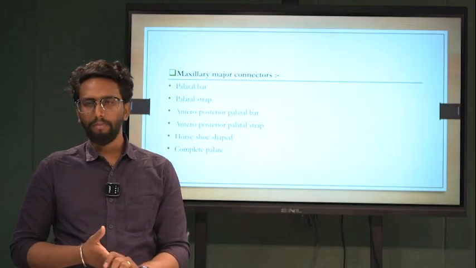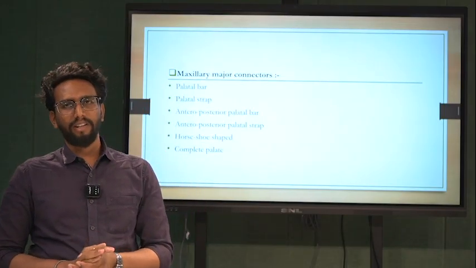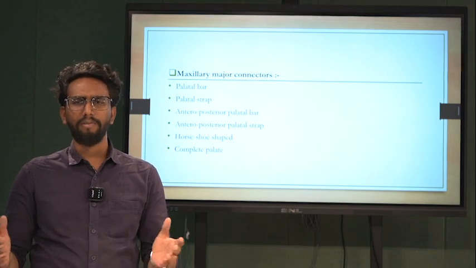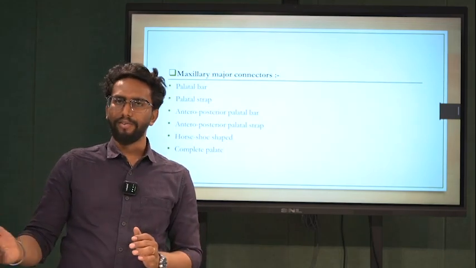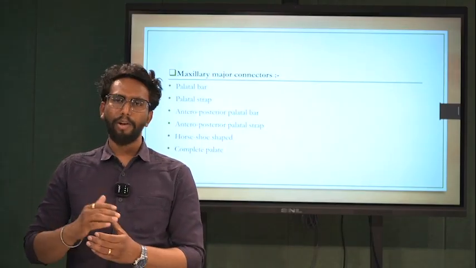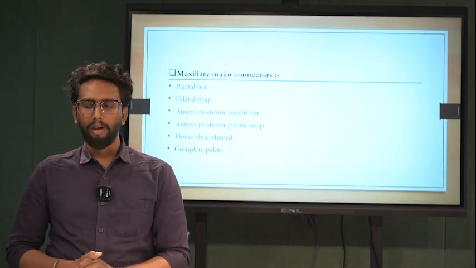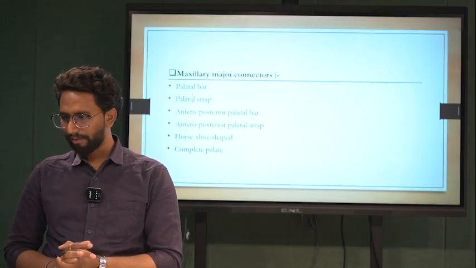Now, a maxillary major connector has various different types, like palatal bar major connector, palatal strap major connector, anterior posterior palatal bar, anterior posterior palatal strap, complete palate and horseshoe shaped major connectors.